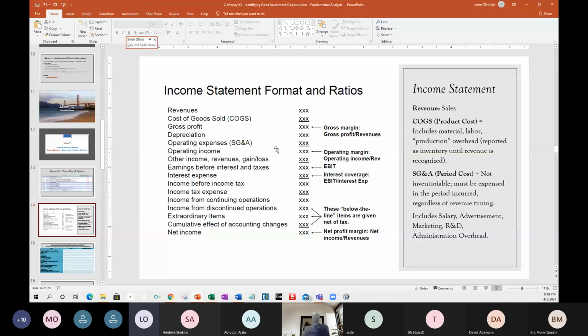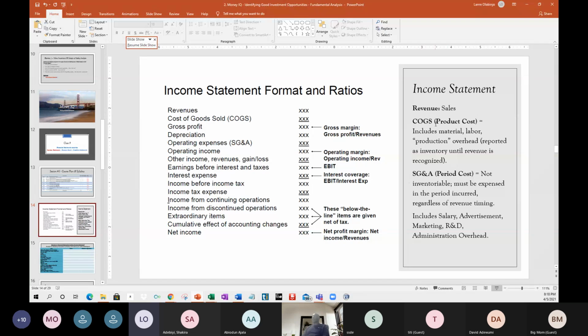Then the next level on the income statement is what is called the SG&A, sales, general, and administrative expense. They call that item operating expenses. The interesting difference between SG&A and cost of goods sold is whether it's inventoriable or not inventoriable.